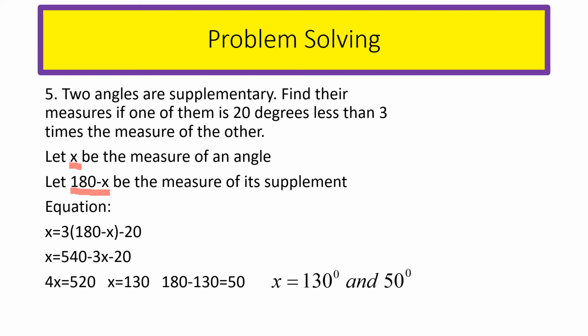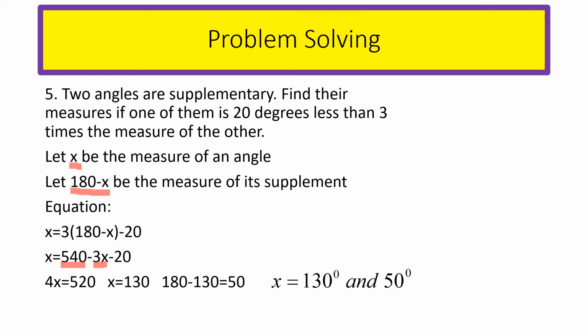So we have the equation x equals 3 times the quantity of 180 minus x, minus 20. 3 times 180 equals 540. 3 times negative x is negative 3x. Then we just copy minus 20.